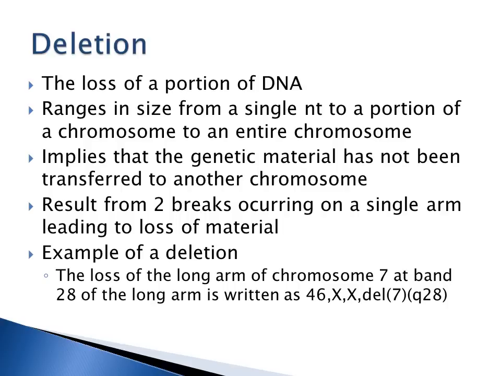A deletion results from two breaks that occur on a single arm, which leads to loss of material. So the loss of a long arm of chromosome 7 at band 28 of the long arm is written in a particular manner. And this is just an example of one type of deletion.